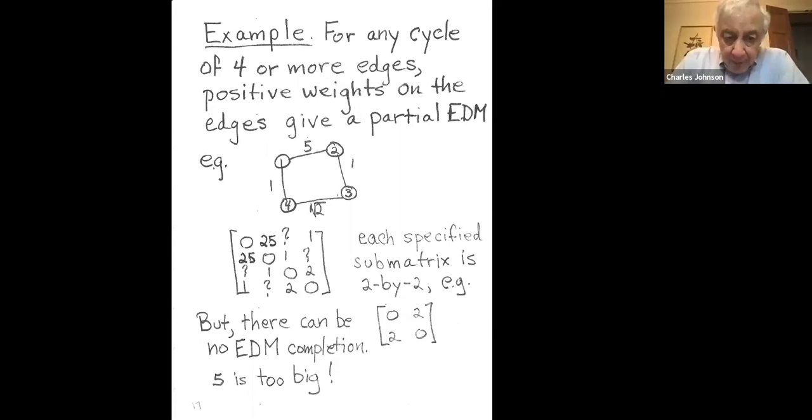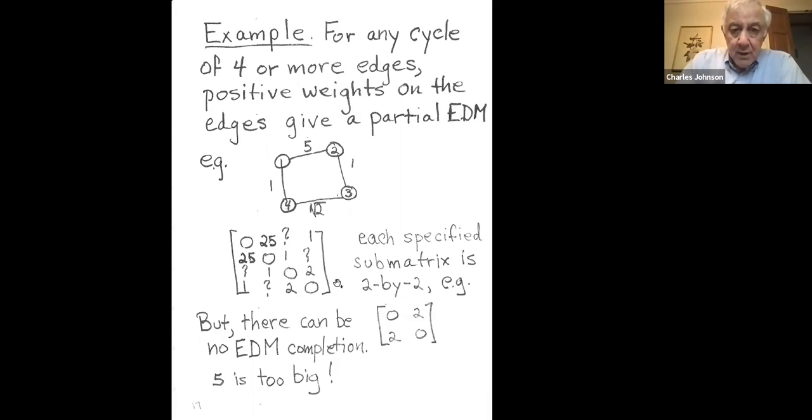But it can happen that there's no EDM completion. And in fact, it happens in this case because you'll see quickly that the number 5 is just too big. I can't possibly string out these other numbers, 1, square root of 2, and 1, and actually realize this cycle with Euclidean distances. So this partial EDM has no EDM completion.